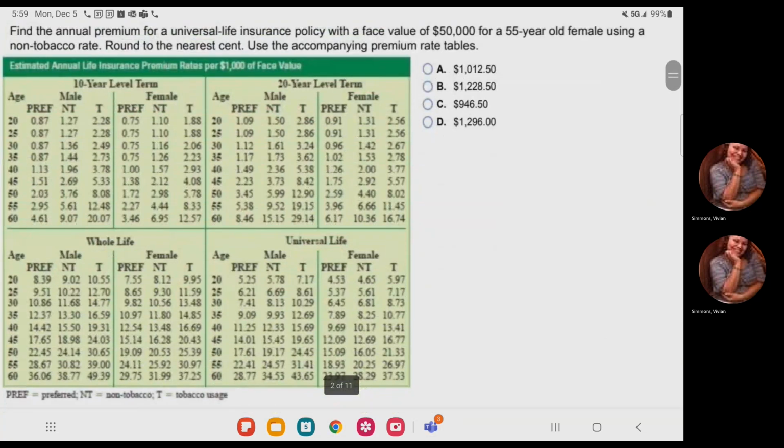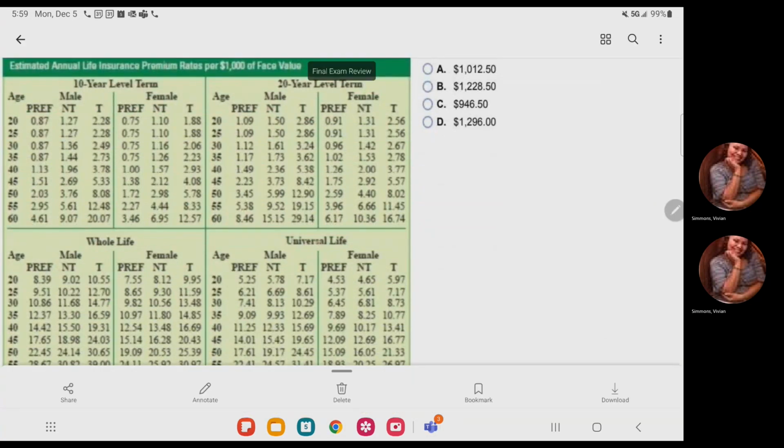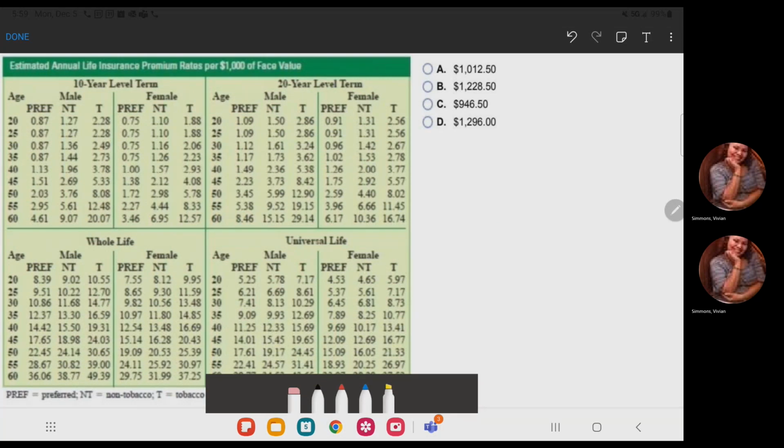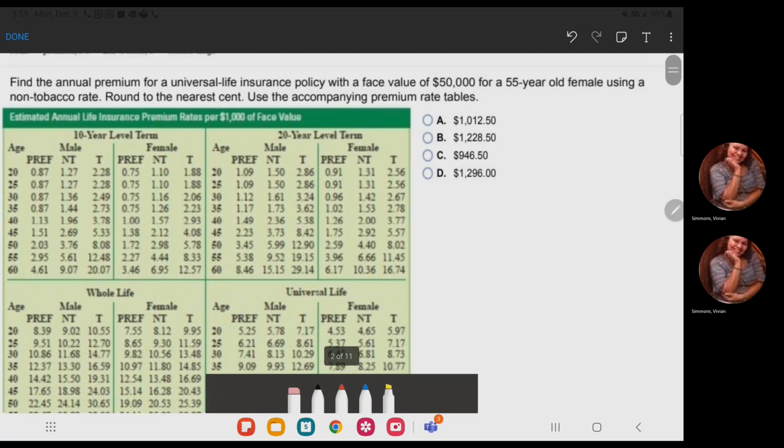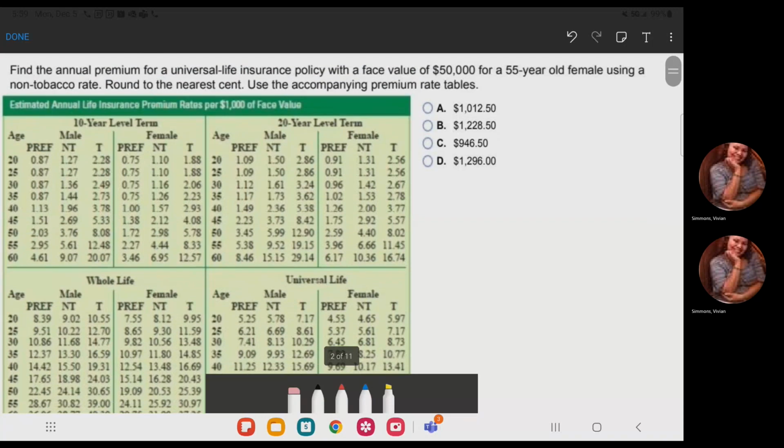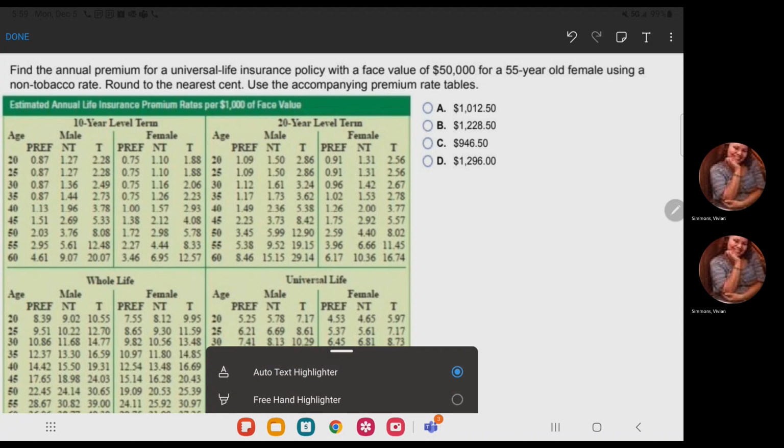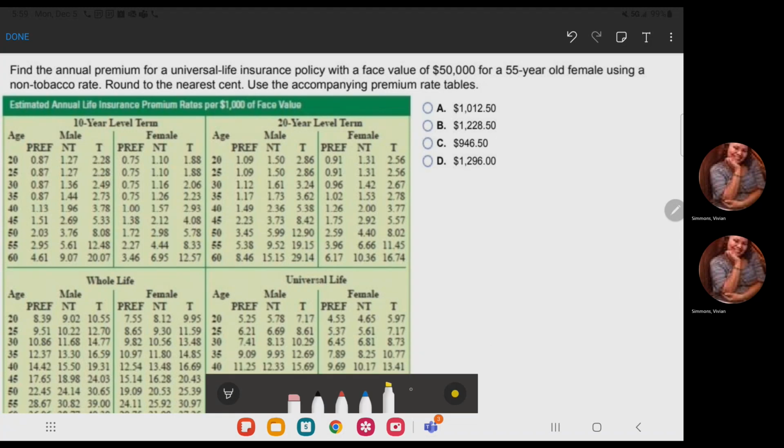Now on this next one, I want to find another annual premium for universal. Okay.